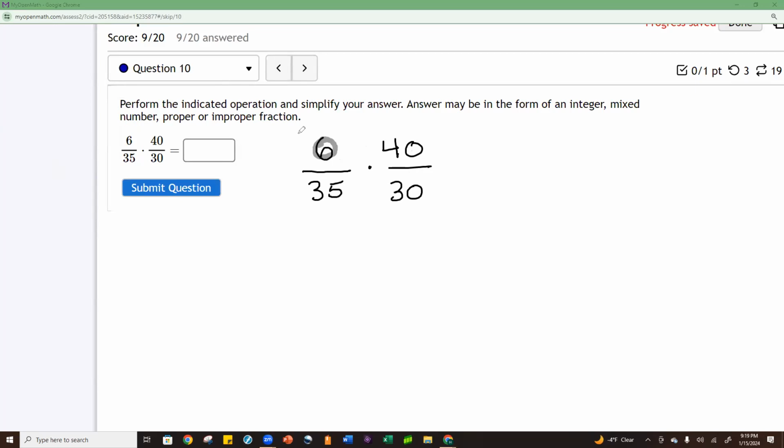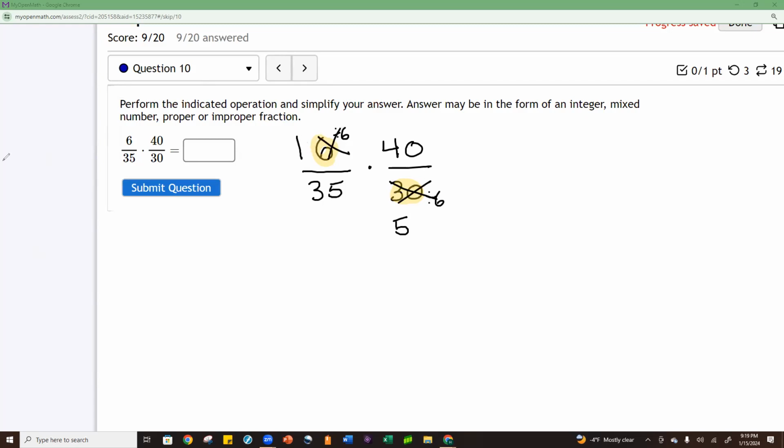The greatest common factor of 6 and 30. And I actually know that 6 goes into both of those, and that's the greatest common factor, but you could list those out. So if I divide this by 6 and divide this by 6, this becomes 5, and this just becomes 1.